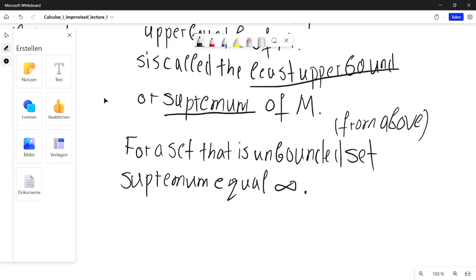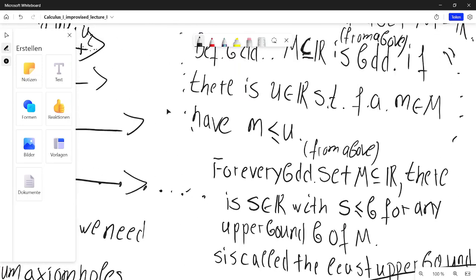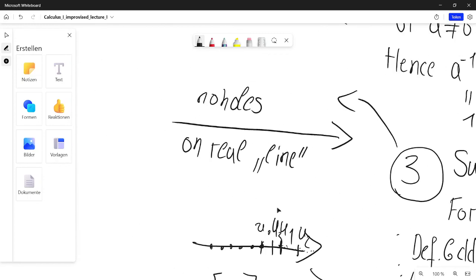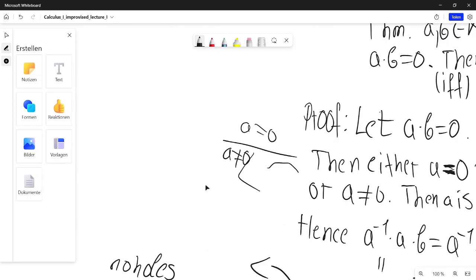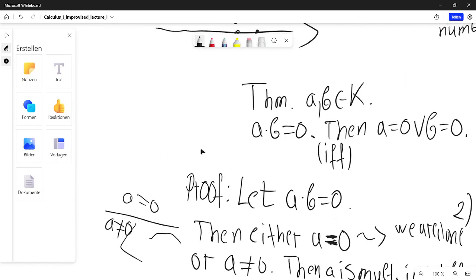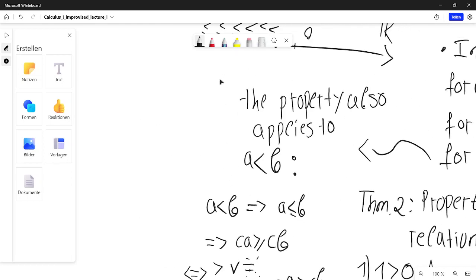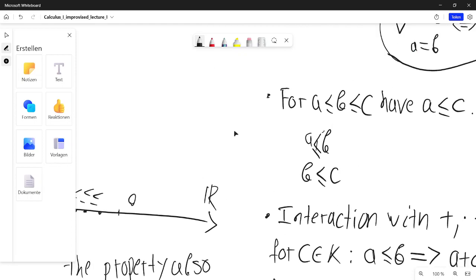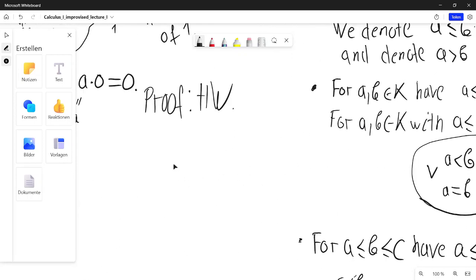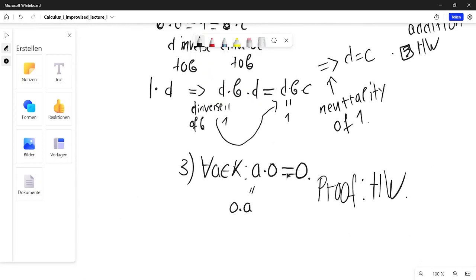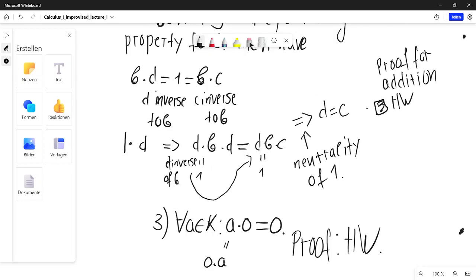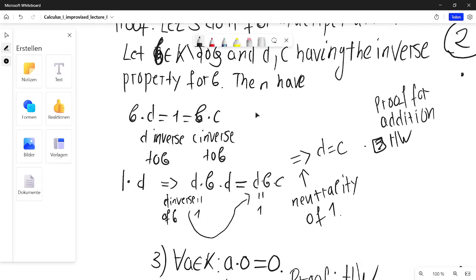Alrighty, that finishes the first lecture, and think about those concepts. Think why it makes sense. Think why we have defined it that way. Think what we did there. Think why we did those things. Try the exercises. Try the homework.